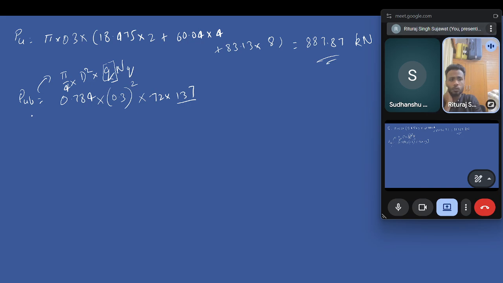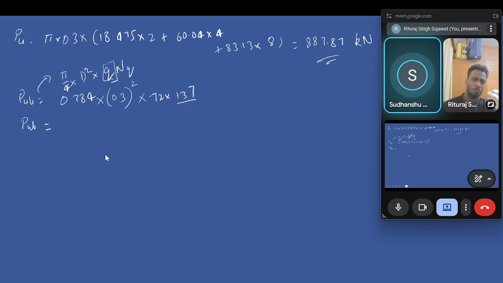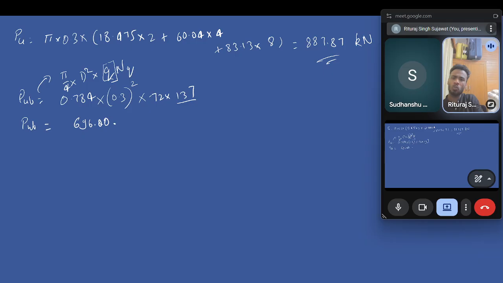So the pressure at the base, if you calculate this: 0.74 into 3 square into 72 into 137, 696.00 kilonewton, right? So this was your shaft friction and this is your base resistance.